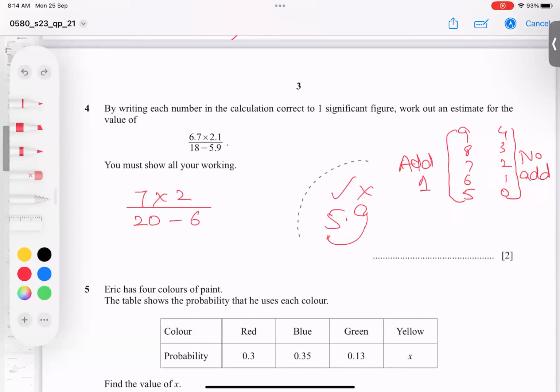So let's simplify. 7 twos are 14, and we got this 14 also. The answer becomes 1. I hope this point is very, very clear. Okay, let me check once again. 7, 20, and this is 6. This is a 14. Yeah, correct.